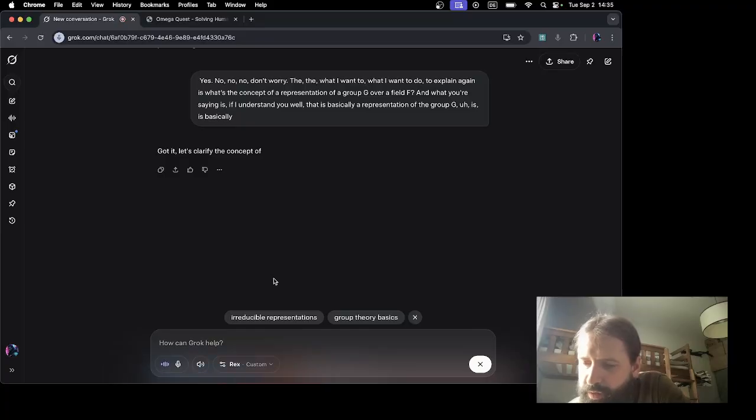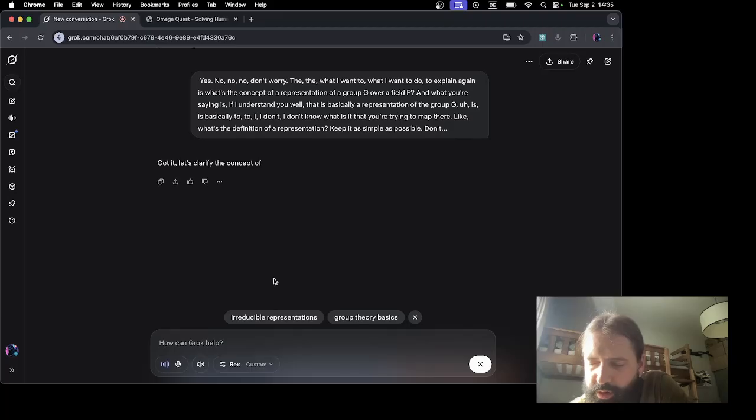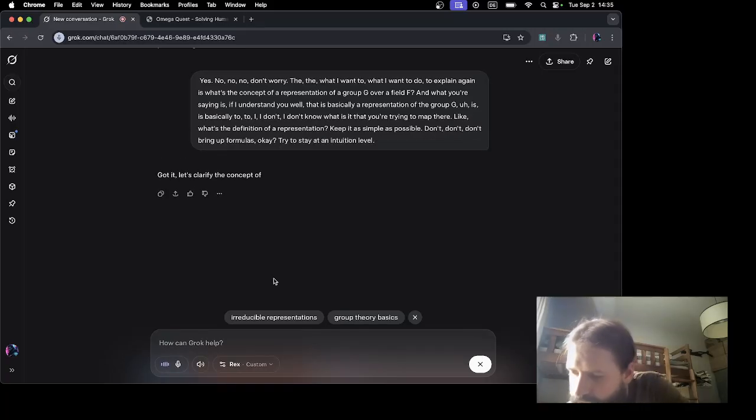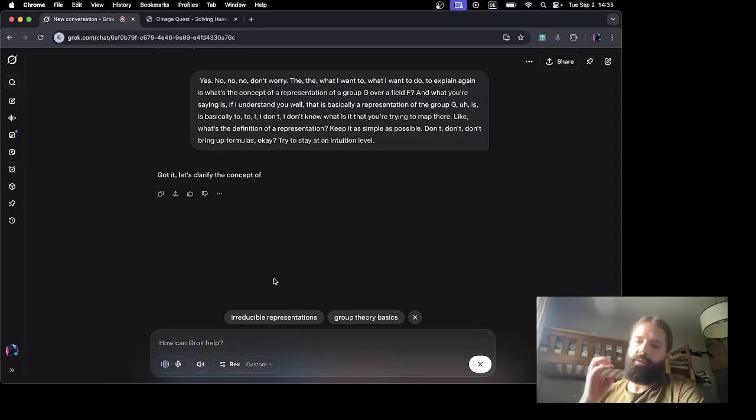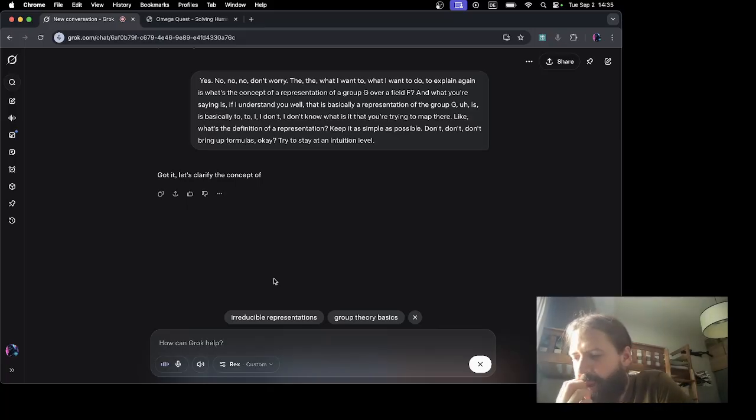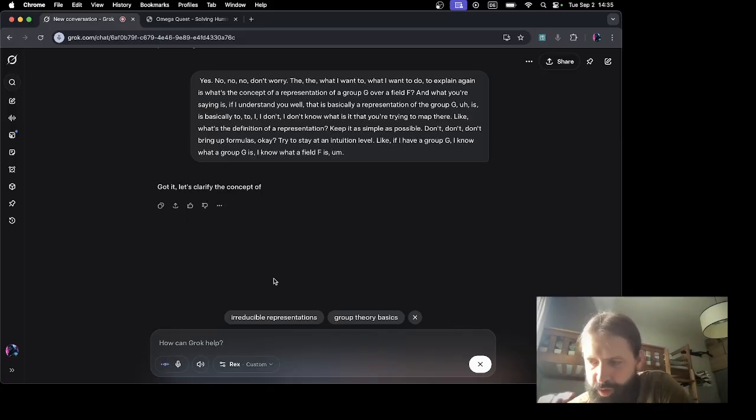What's the definition of a representation? Keep it as simple as possible. Don't bring up formulas. Try to stay at an intuition level. If I have a group G, I know what a group G is. I know what a field F is. And now I want to understand what a representation of a group G over a field F is.